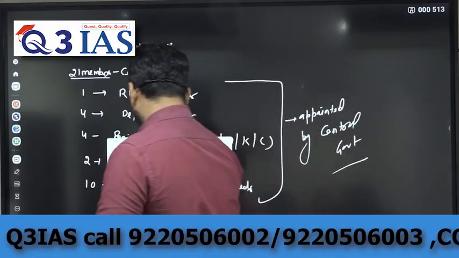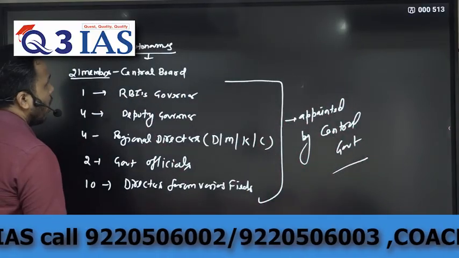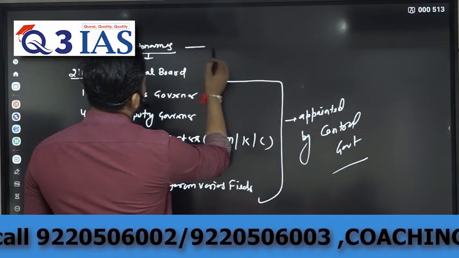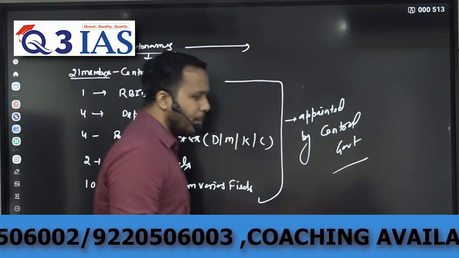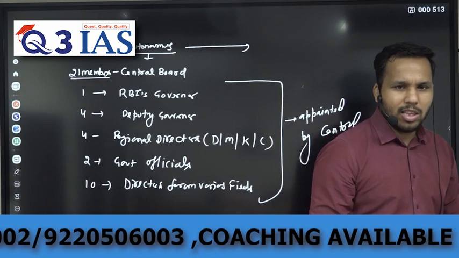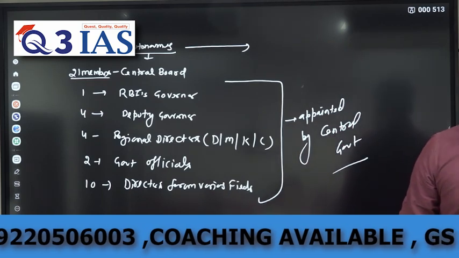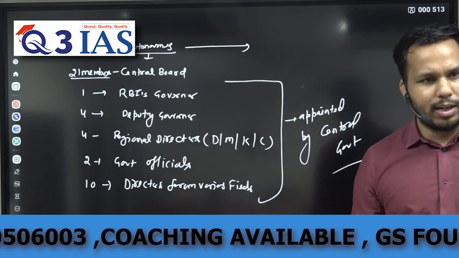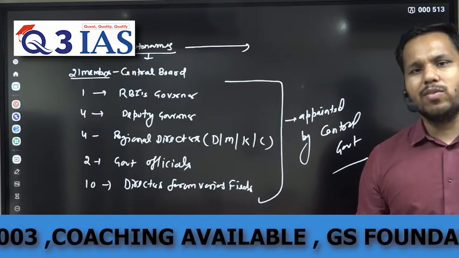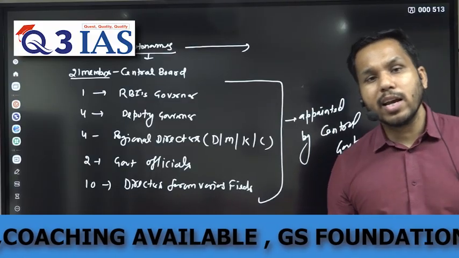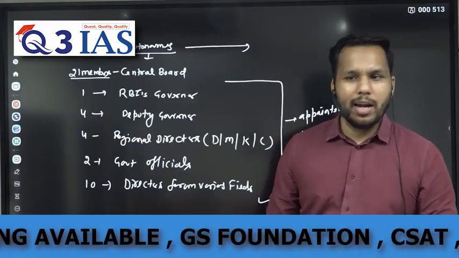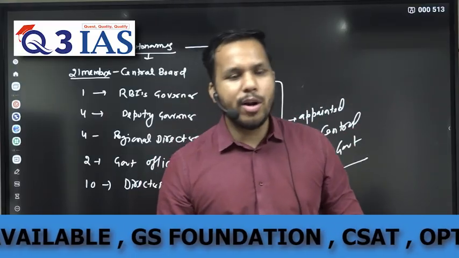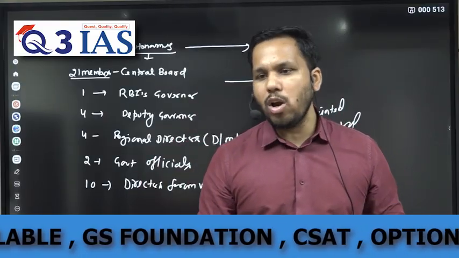Suppose the government feels the RBI is making plans, and these plans and policies can affect the public of the country, just like if the RBI is increasing the interest rate. Suppose RBI is increasing the interest rate, and how will it impact the economy?